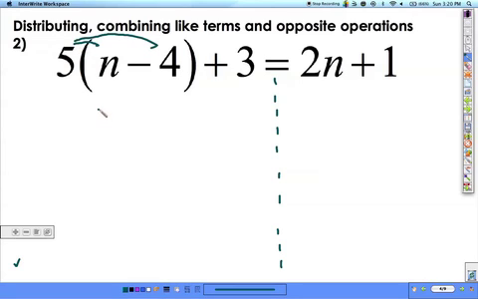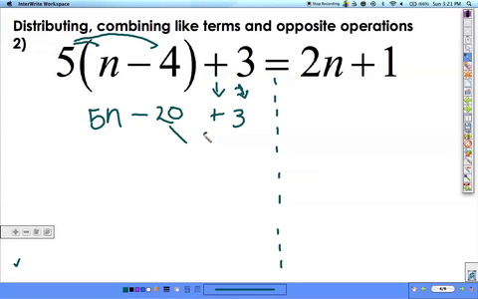5 times n is of course 5n, and 5 times a negative 4 or minus 4 is going to be minus or negative 20. I'm going to bring down my plus and bring down my 3. And then I want to keep going in terms of simplifying by now combining like terms.